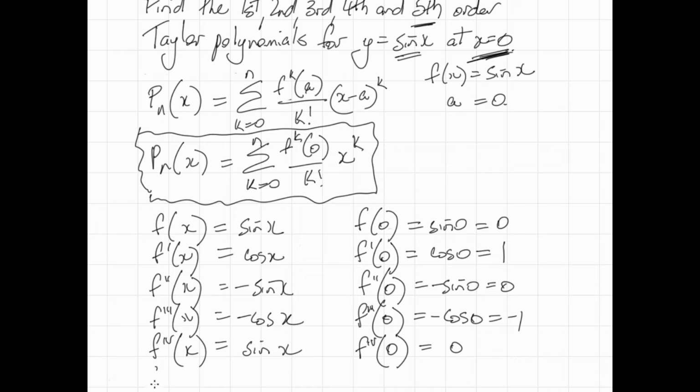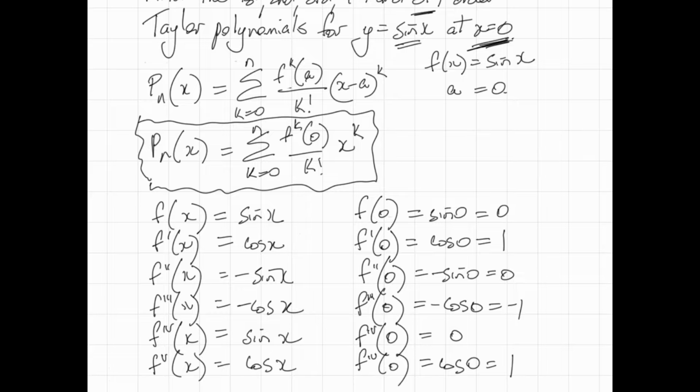And lastly, the 5th derivative of x is the derivative of sine, so we're back into this pattern, cos of x, so the 5th derivative at x equals 0 is cos of 0, which is equal to 1. Now we've done all those, because we've got to find the first, second, third, fourth and fifth polynomials, and we're going to use all of those bit by bit.